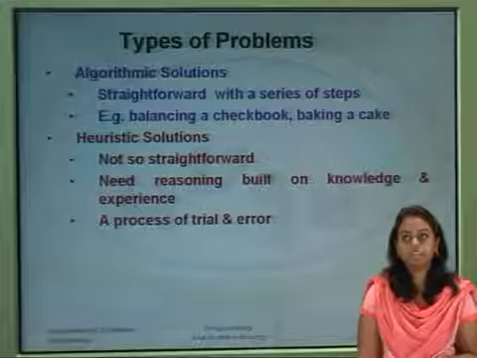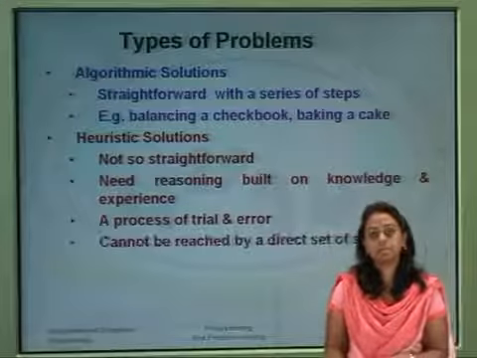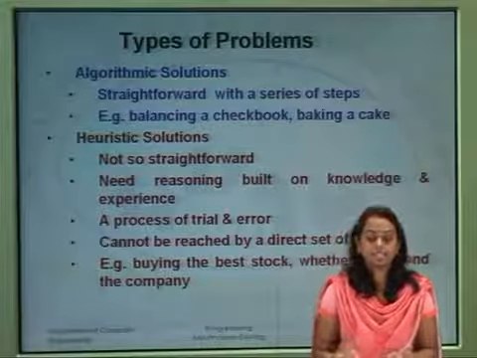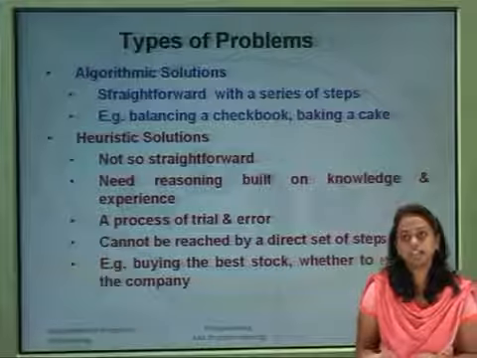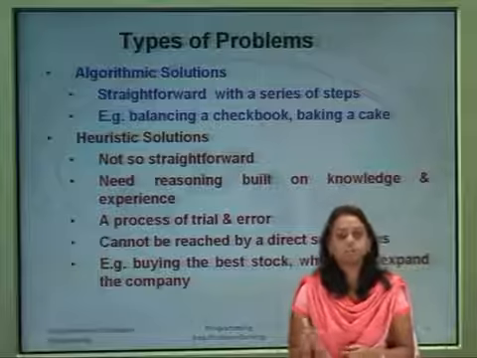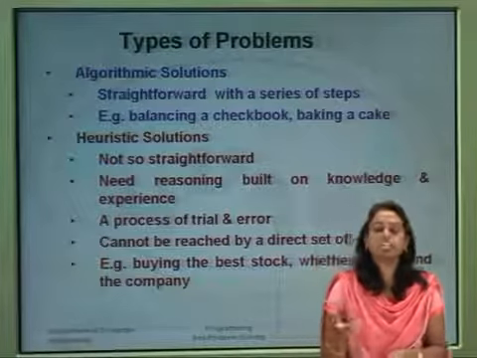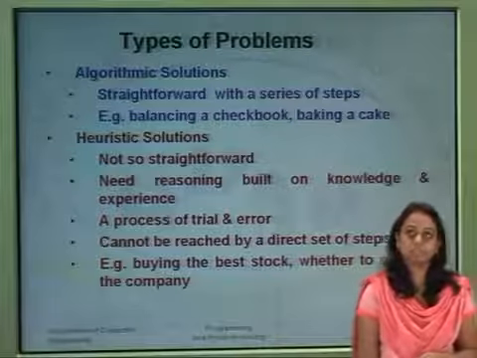Examples can be buying the best stock, or whether to expand a company or not. As said, it cannot be reached directly by a series of steps. Computers are designed to solve algorithmic problems, while people are better with heuristic solutions.